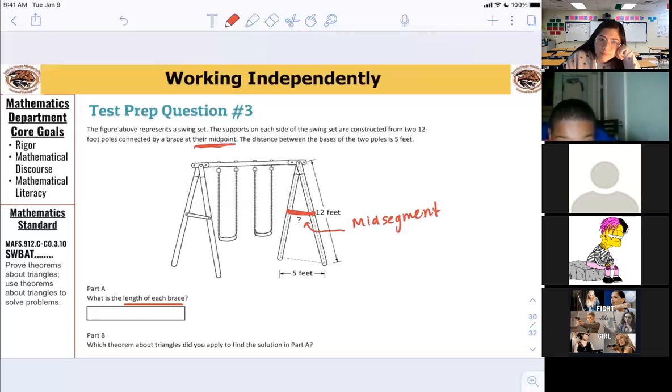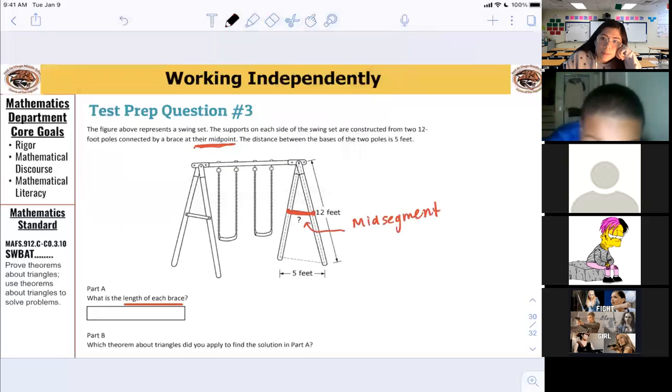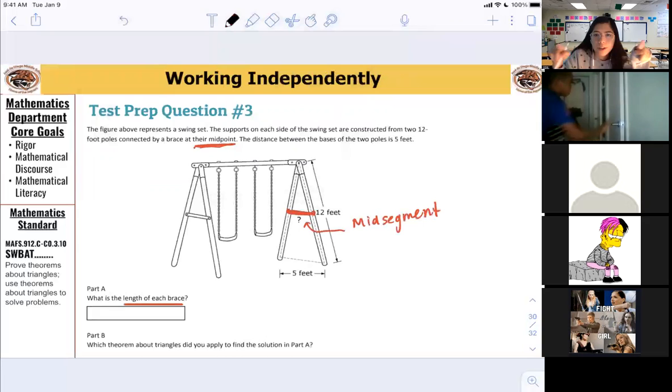I want to say 6. So each brace is in the center, which is 6 feet high, but that's not the length of it. How long is the actual brace, the red brace? 5? No, it's not 5, because the base at the bottom is 5.